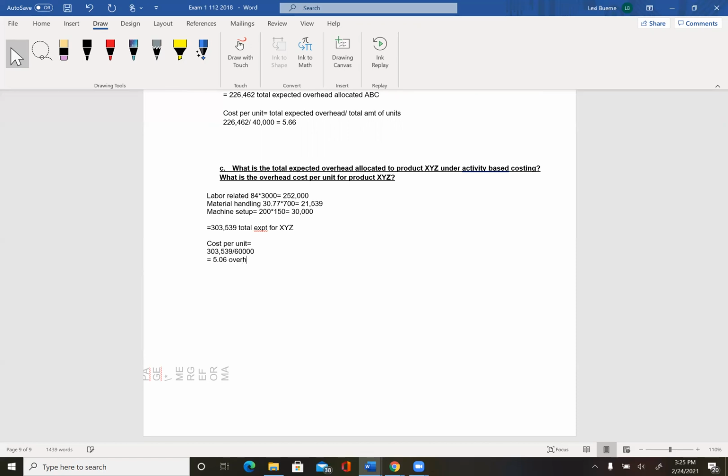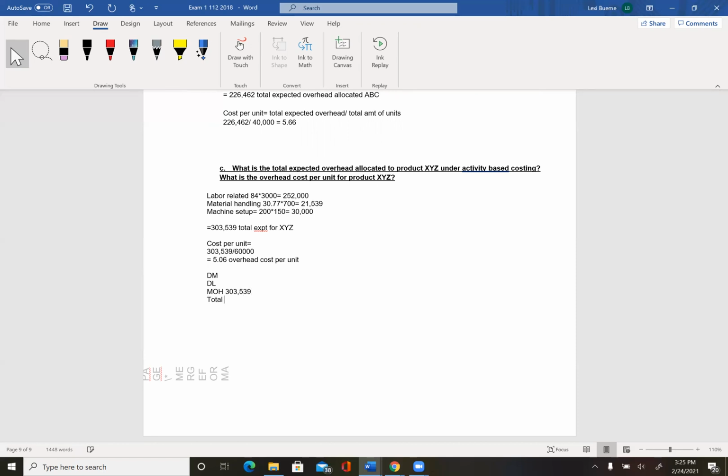And that's the overhead cost per unit. And just something to note, so this says overhead cost per unit, that's why you just use the total overhead. But if it was looking for total cost per unit, so it didn't have this overhead here, you would need to find the direct materials, direct labor, and then the overhead, which would be found from here.